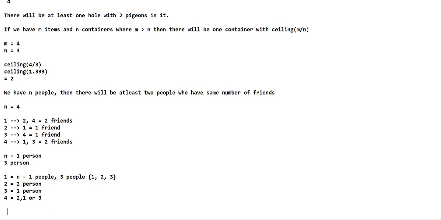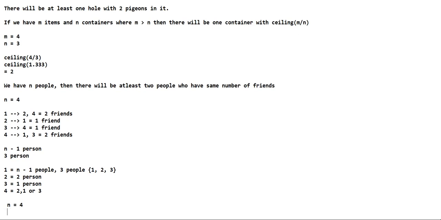So by the pigeonhole principle, what is our container here? We have n people, which is 4, as our items, and we have n minus 1 containers.